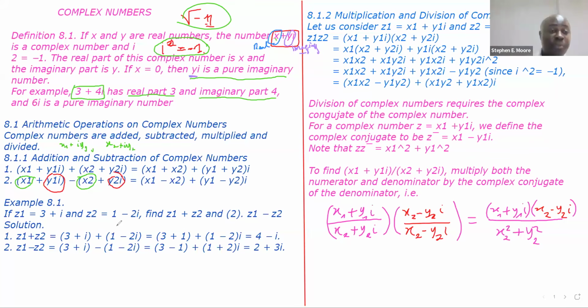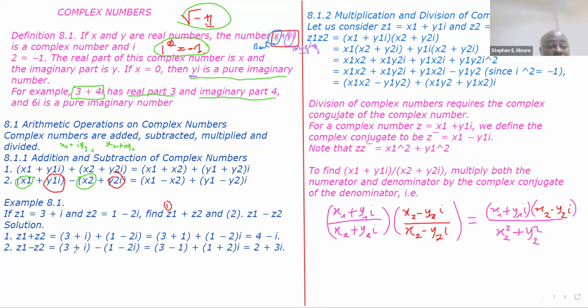In a similar manner, let's take an example where z1 is 3 plus i, and z2 is 1 minus 2i. Then we can find, for instance, z1 plus z2 and z1 minus z2.